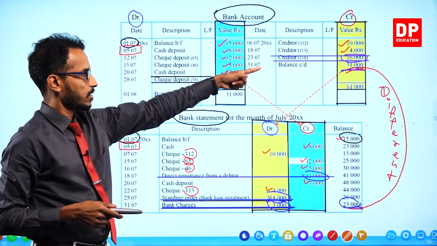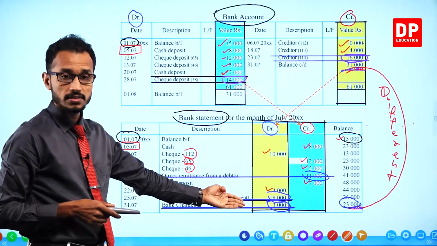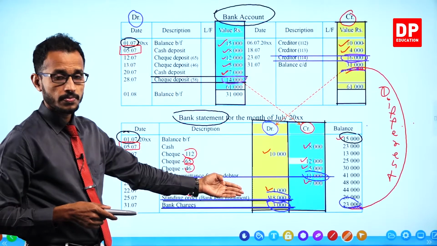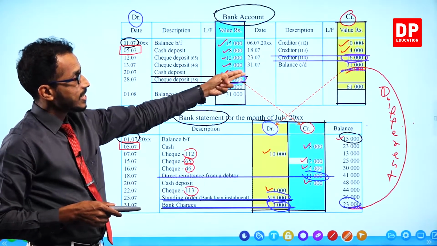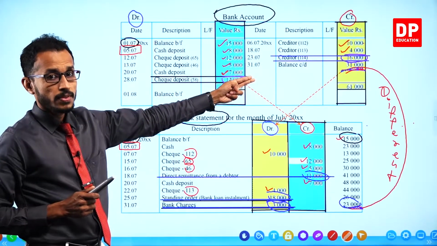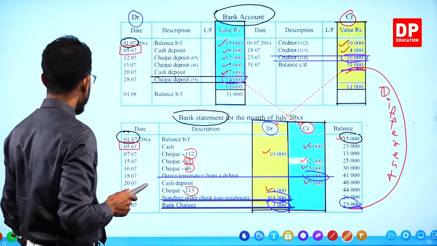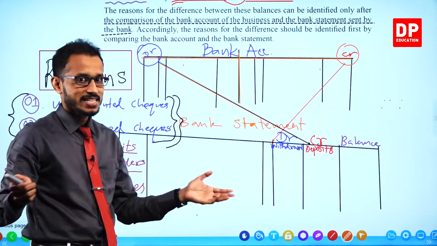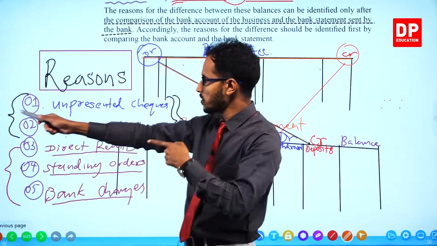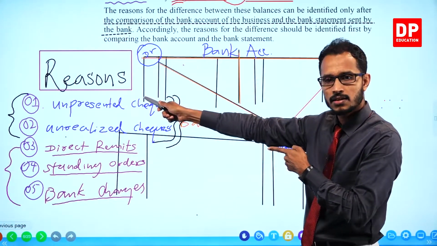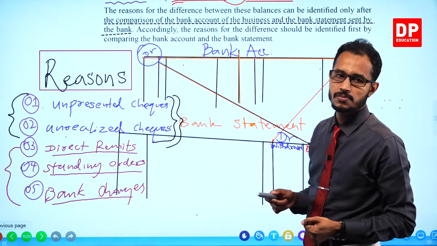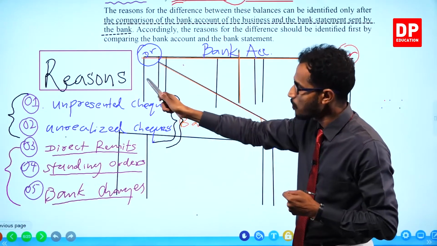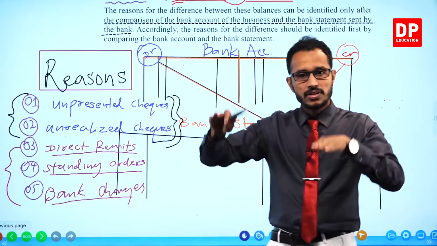They are already in the bank account, but missing in the bank statement. See, children, these are the items which we learned as the reasons for causing the difference.